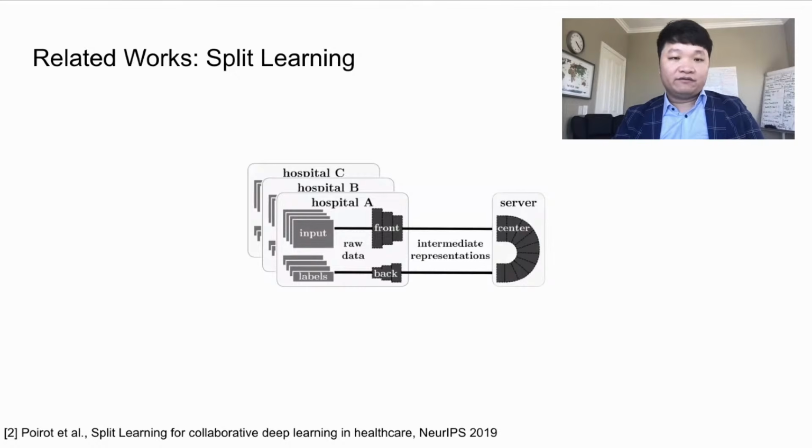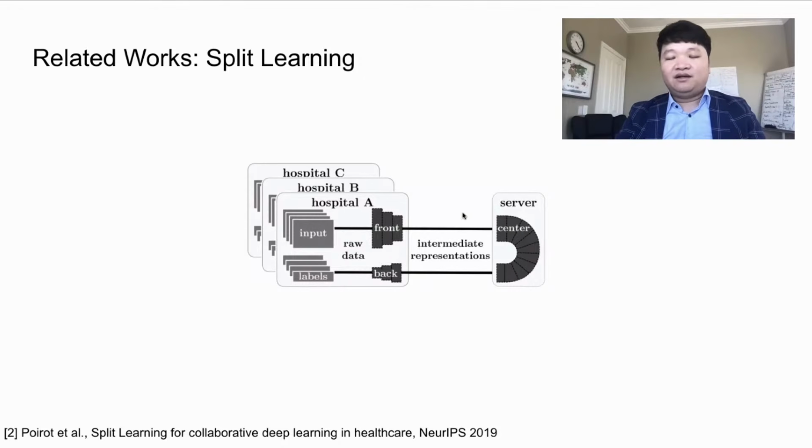One related work, called split learning, tries to split the model into 2 portions. One portion is on the edge device, and another larger portion is on the server side. For each mini-batch training, we do forward propagation, but pass the intermediate representation to the server side. The server side does forward propagation and then sends the intermediate representation back to the client side, so the client side can calculate the loss.